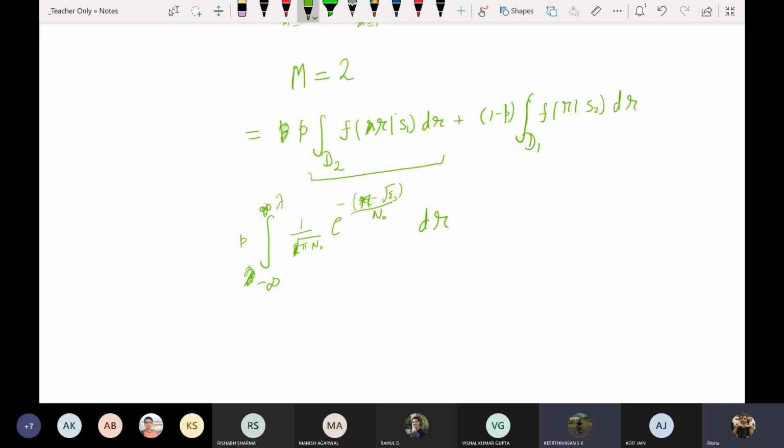There's a square term on R minus root E_s. Yes, typo. This is right.